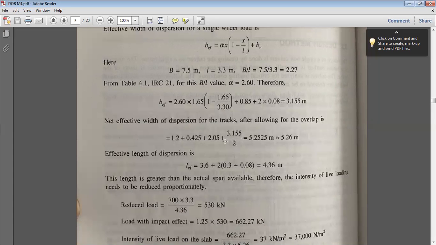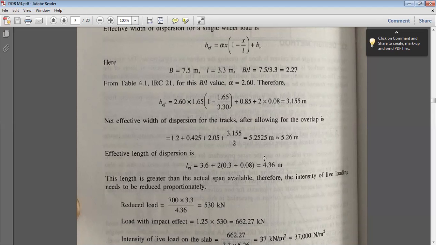Net effective width of dispersion for the tracks after allowing for the overlap is 1.2 plus 0.425 plus 2.05 plus 3.155 by 2. After allowing for overlap means we have width of the road as 7.5 meters.